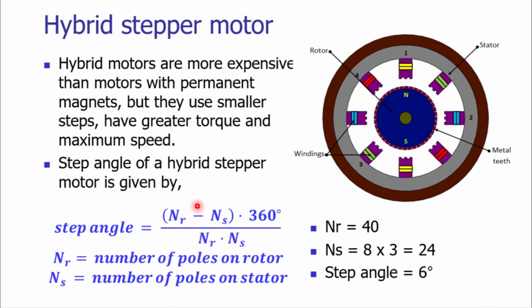So in the denominator we are using the product of the number of poles on the rotor and the number of poles on the stator, while in the numerator we just have the difference between the number of poles on the rotor and the number of poles on the stator, into 360 degrees.